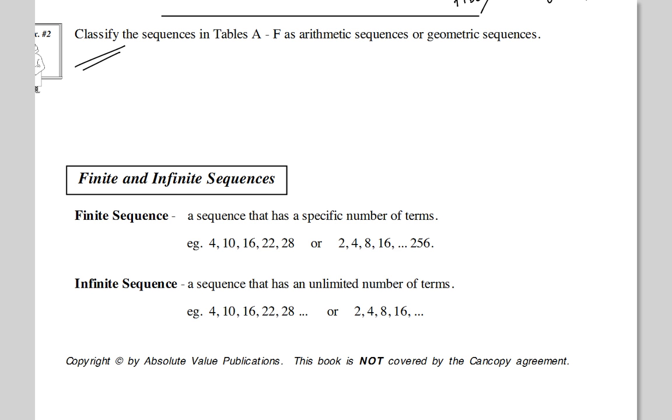And then there's the infinite sequence, and that's denoted by the dots at the end. Clear on that? And then when we talk about series, that's when you add stuff up. So a series is when you add the terms.